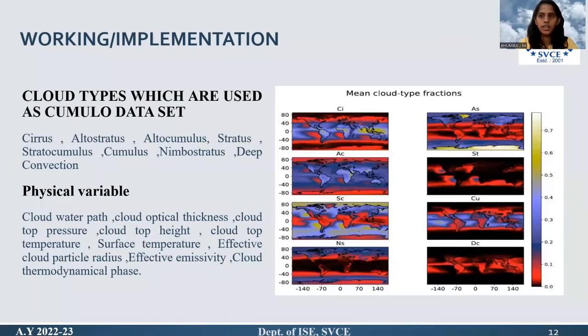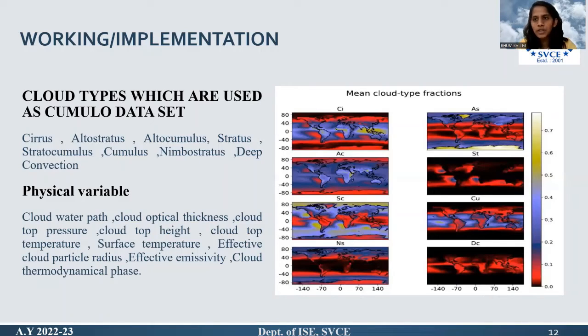image we got. In this slide, we are going to study the cloud types which are used in the Cumulo data set: cirrus, altostratus, altocumulus, stratus, stratocumulus, cumulus, nimbostratus, and deep convection. Physical variables are cloud water path, cloud optical thickness, cloud top pressure, cloud top height, cloud top temperature, surface temperature, effective cloud particle radius, effective emissivity, and cloud thermodynamical phase.